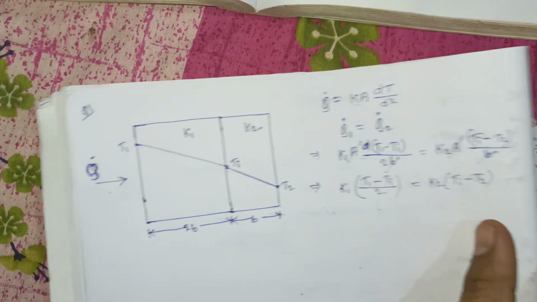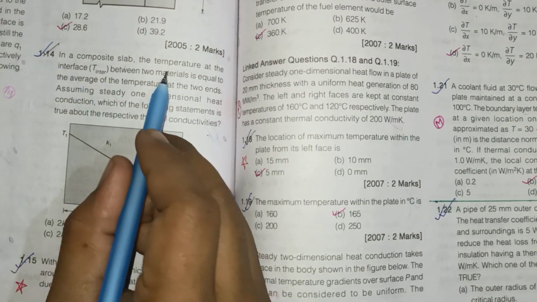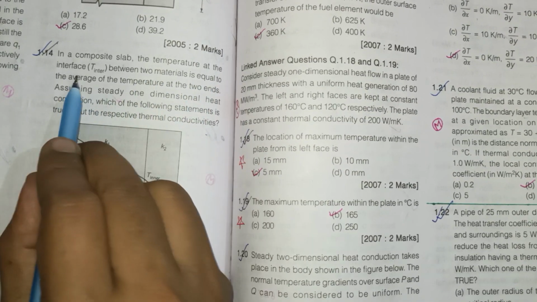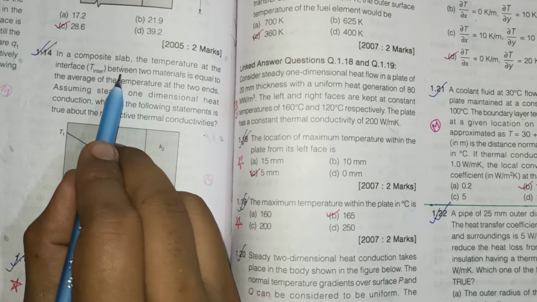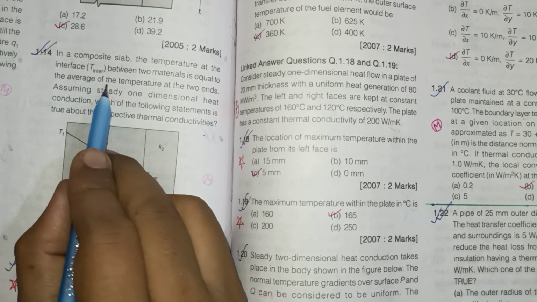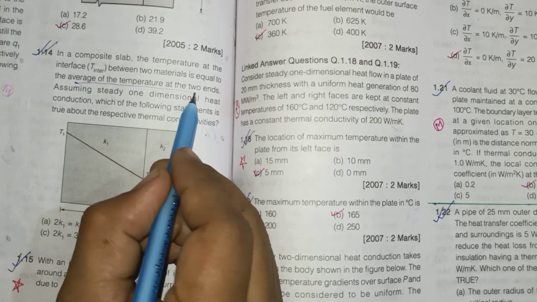Okay, now what is given in this question? The temperature at the interface between the two materials is equal to the average of the temperatures at the two ends.